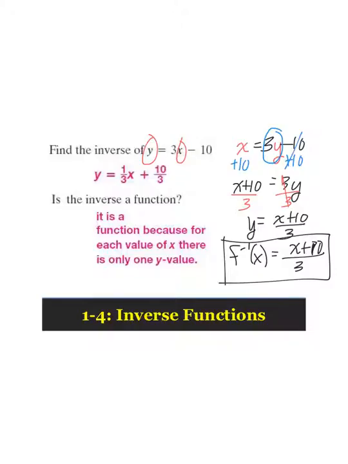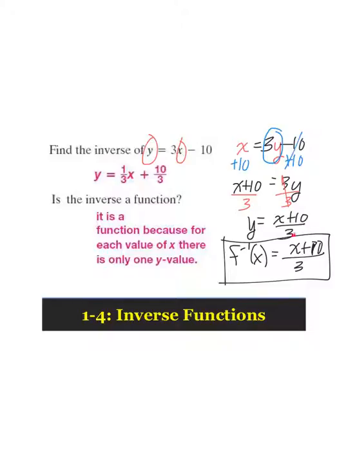Is the inverse a function? Well, let's see. This is actually the graph of a straight line, because it's a linear function, mx plus b. I can tell you it's a straight line, and it's not vertical, because we're going through the y-axis at 10/3. But if you put it in your calculator, take out all those things we put in, y sub 1, y sub 2, and y sub 3.